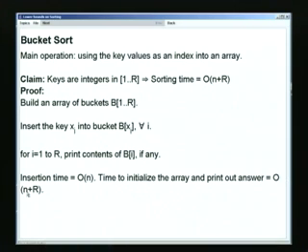So, the total time is going to be O of n plus r, and this is going to be faster than n log n if r is small. In fact, this is not the only range. If you have somewhat bigger ranges, say 1 through r squared, a slight modification of this will in fact do the job.